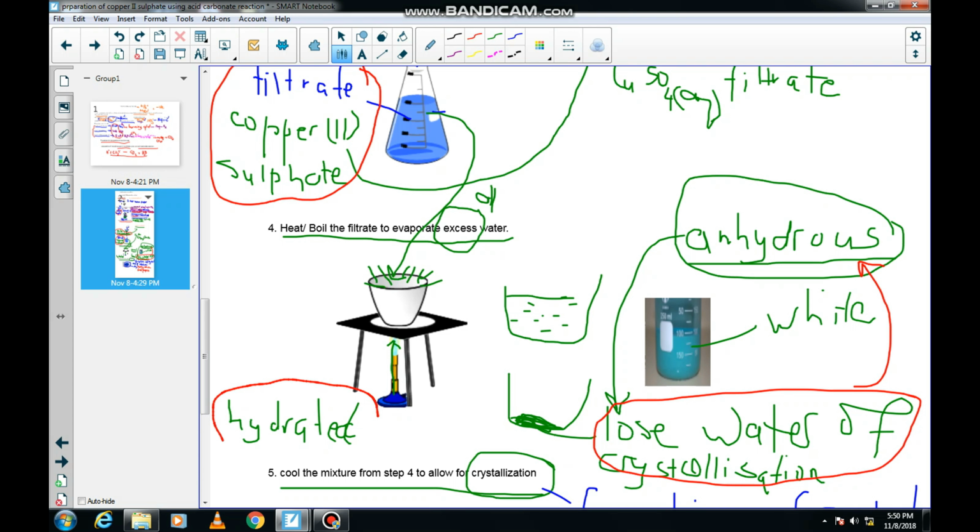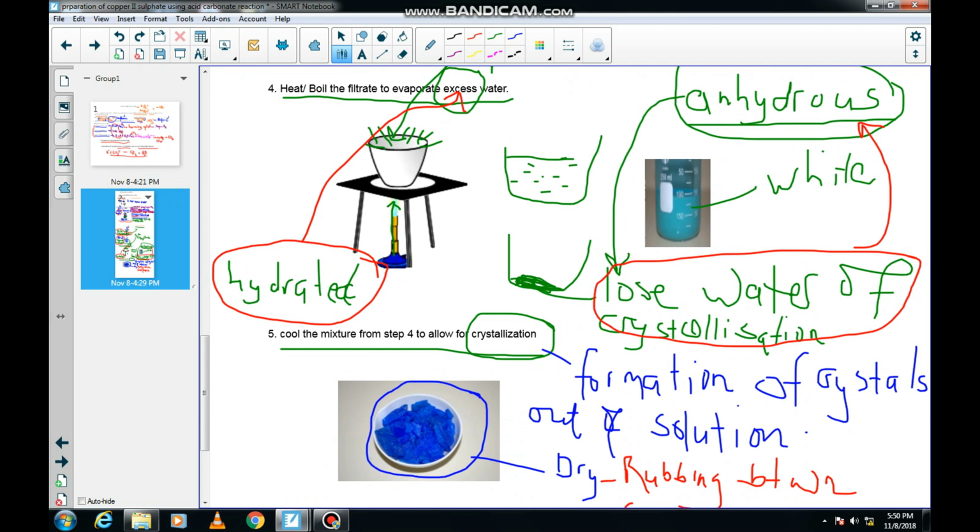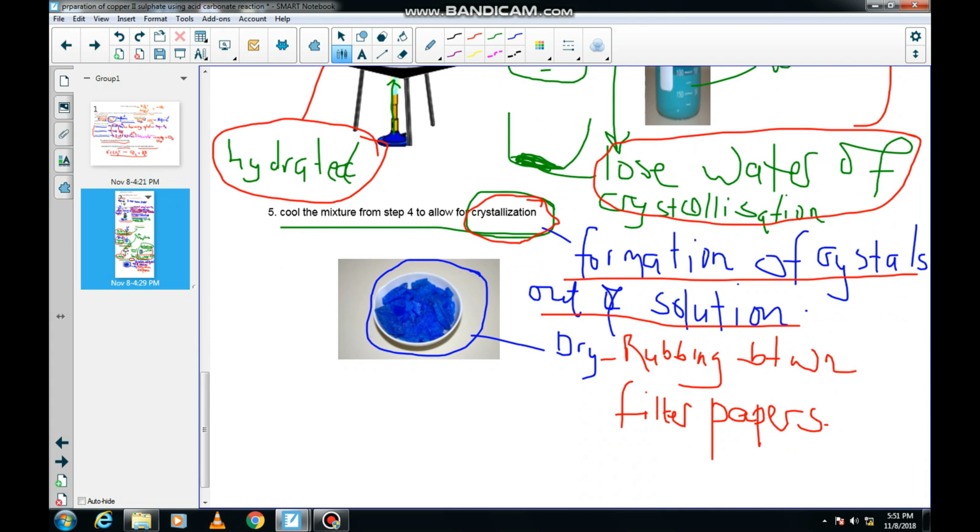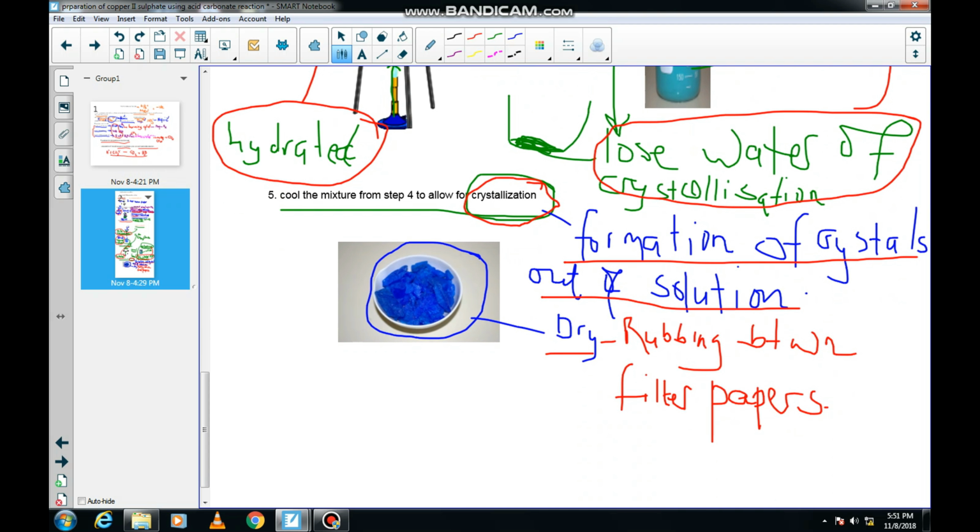Because we want to make a hydrated product, we only heat in order to evaporate excess water. Then we cool the remaining mixture to allow for crystallization, which is the formation of crystals out of solution. And then finally, you dry your crystals by rubbing them between filter papers.